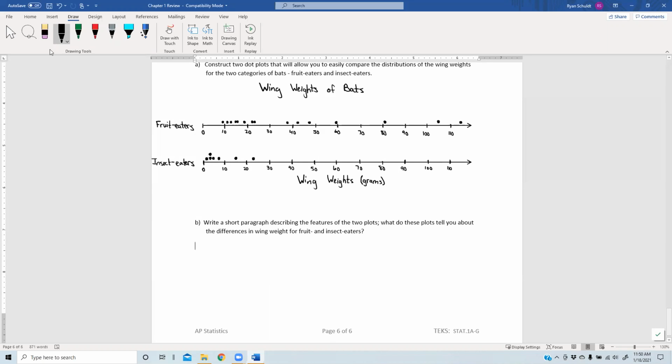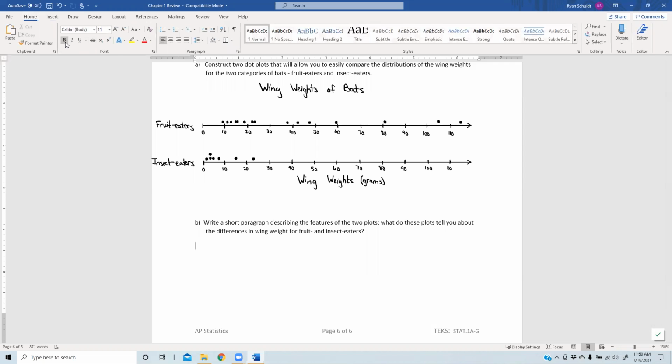Okay, well, let's do our paragraph here. So since this is a paragraph, I'm just going to type it. I'm not going to try to handwrite it. So let's see, what can we say? First, notice your insect eaters. How do their wing weights compare to the fruit eaters?